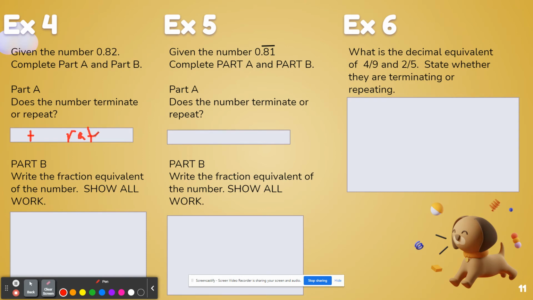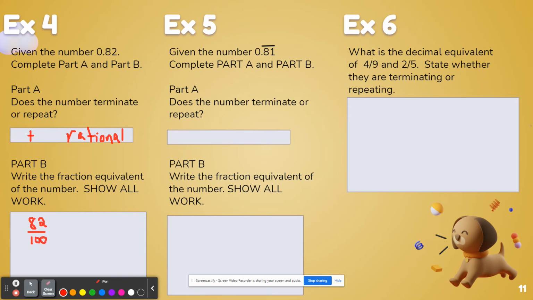Now, it says write it as a fraction. If you think about this, the number is 82 hundredths. So we could write it as a fraction by saying 82 over 100. That's one way to do it.